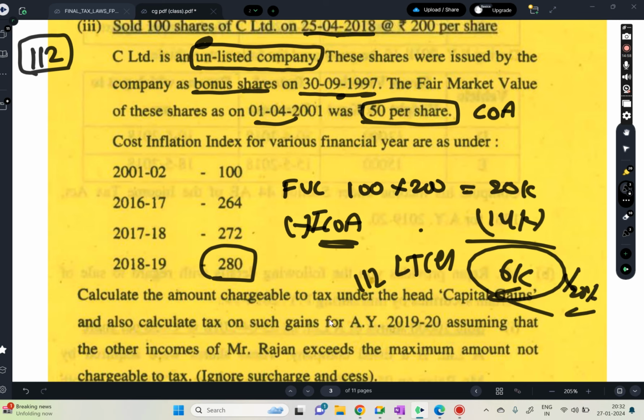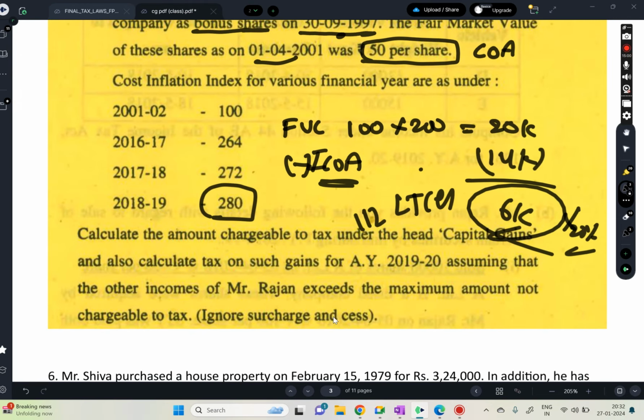It depends upon what they ask in the question, right? If they just ask what is the LTCG, you can end the answer with 6,000. If they ask what is the taxable LTCG, they will normally mention it as 6,000.